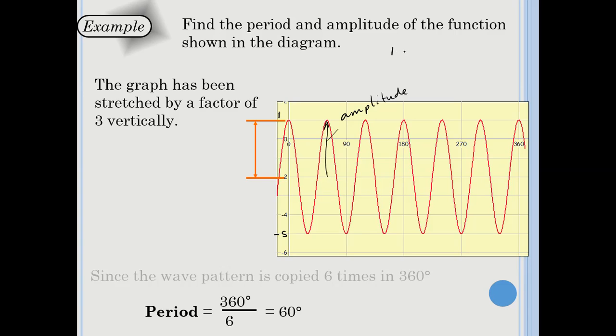So we can do 1 take away negative 5, which is 6, and then our amplitude is going to be 6 divided by 2, which is 3.